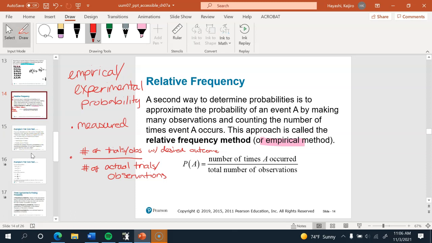These are different from theoretical probabilities because you actually go ahead and do an experiment, or you observe a number of things. You actually go out there and do something instead of just thinking about what the possible, theoretical outcomes are in your head.